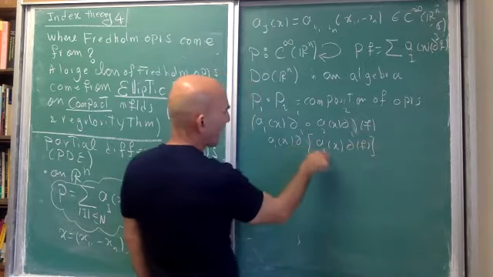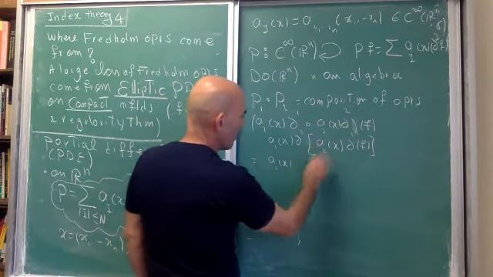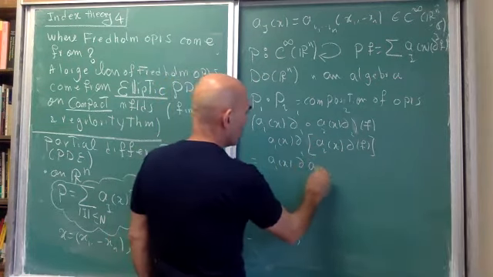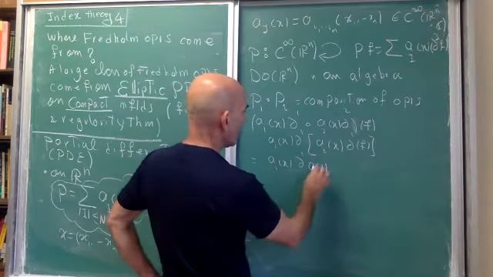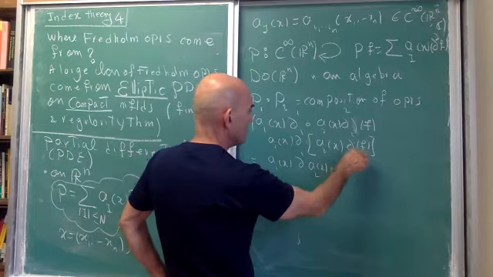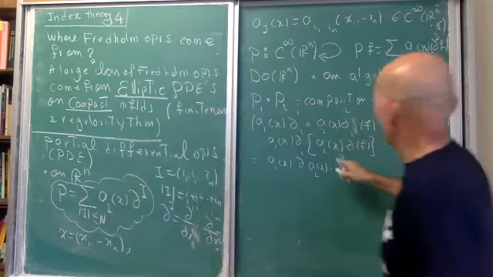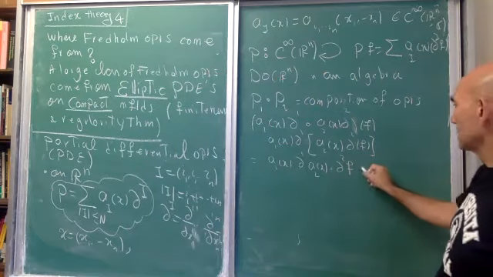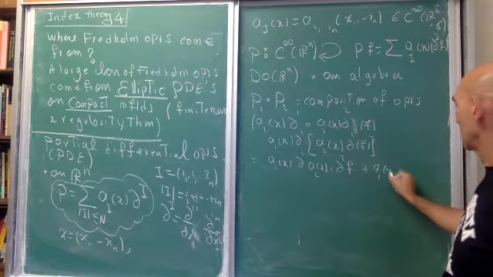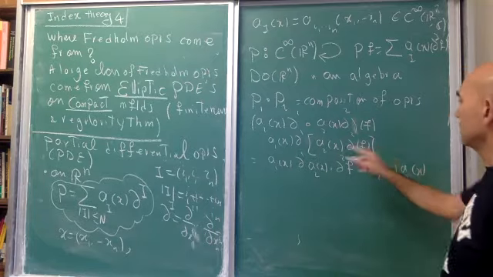And then you have to act like this. So this is A1(x) D1 of A2(x) times D2 f, plus A1(x) A2(x) D1 D2.